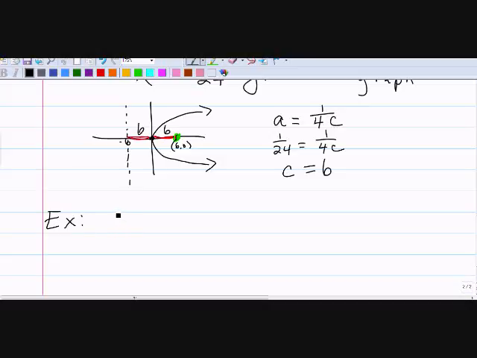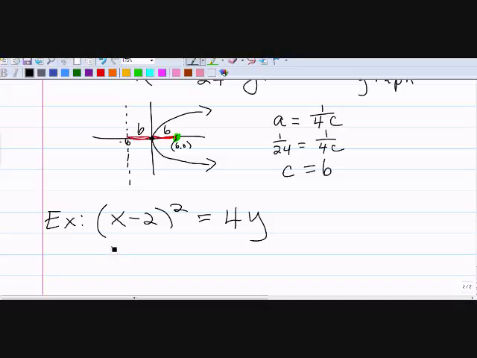So I've got x minus 2 squared equals 4y. Is this going to be a y equals x squared or an x equals y squared? Y equals x squared. The y is not squared, so that's the variable I want to solve for.